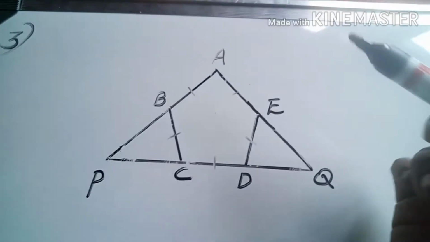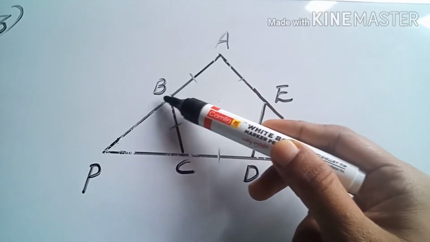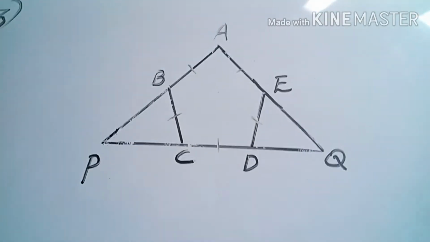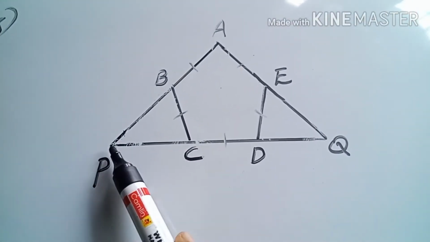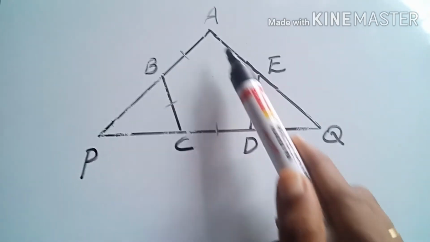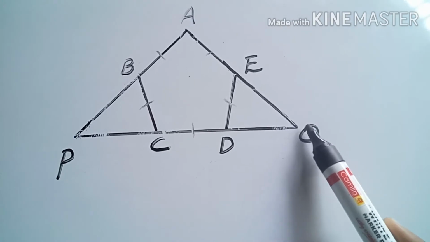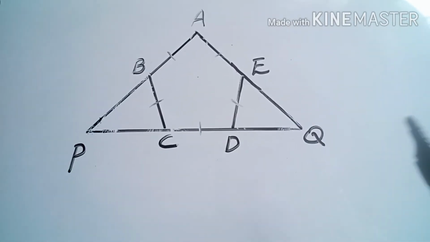It is given that this line AB is extended to P, CD also extended to P. AB and CD are just extended to meet at the point P. Here AE and the same CD is extended to meet the point Q. Just extended, straight line extended.